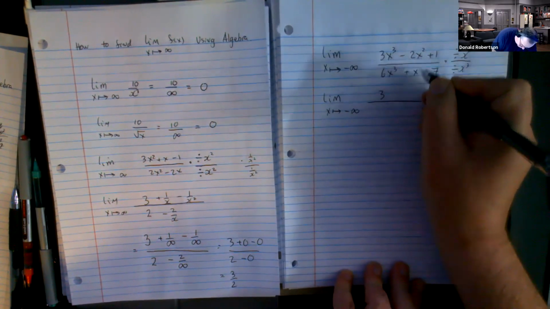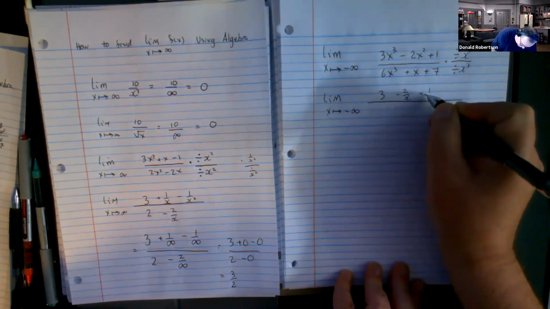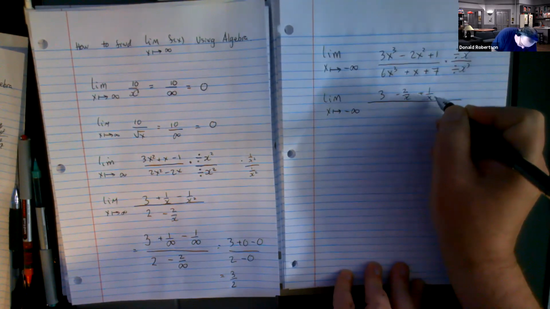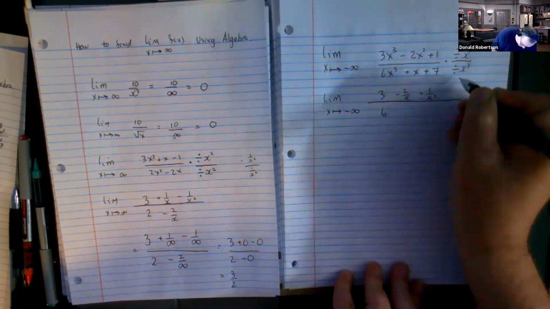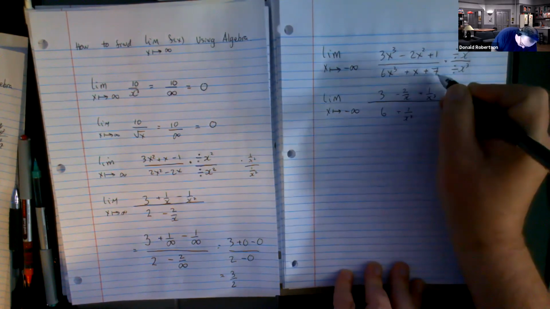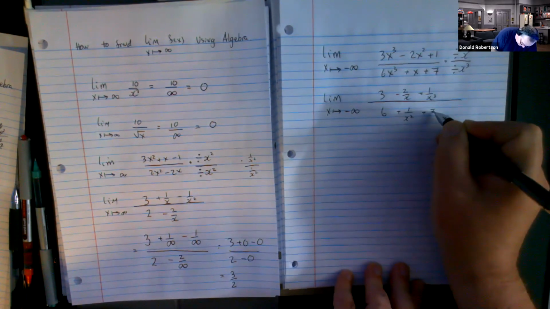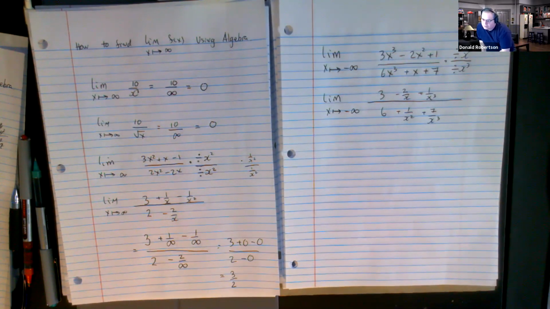Divide him by x cubed and you get that. Divide him by x cubed and you get that. Divide him by x cubed, you get that. Divide him by x cubed, you get that. And divide him by x cubed, you get that. Are we comfortable with that step?